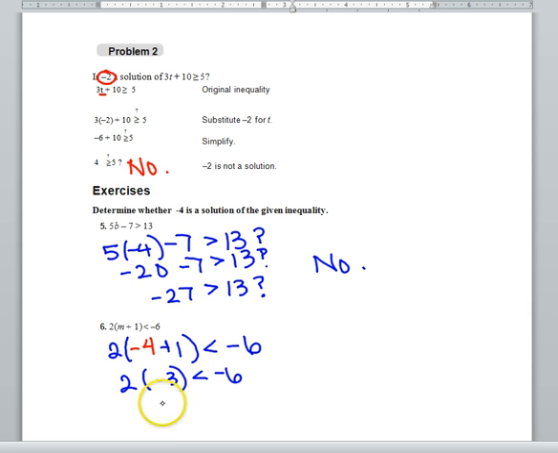Then -3 times 2 is -6. And we end up with -6 is less than -6. Is that true? It is not. They are equal to each other. So if there had been an equal to sign right there, is less than or equal to, then you could have said yes. But in this case, the answer is no.